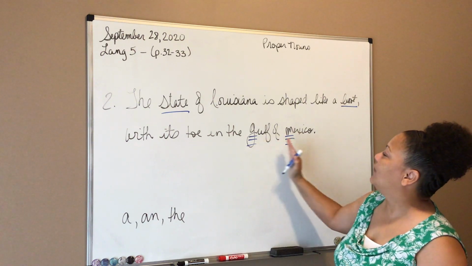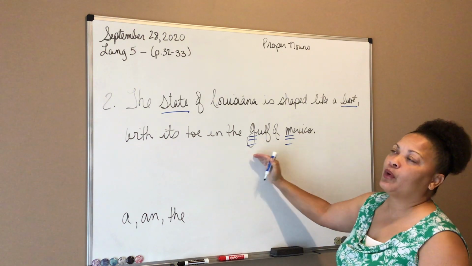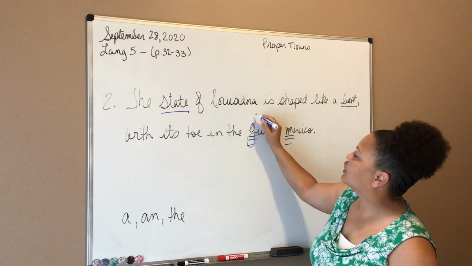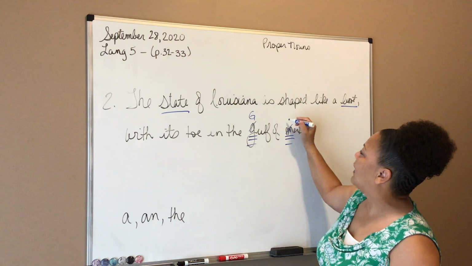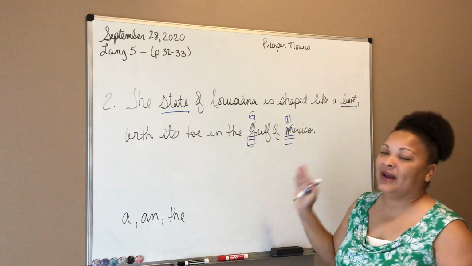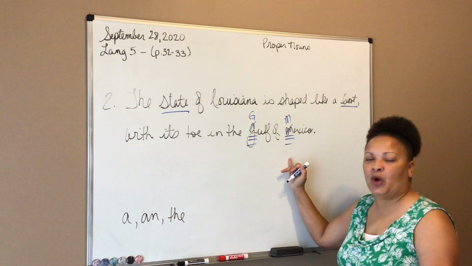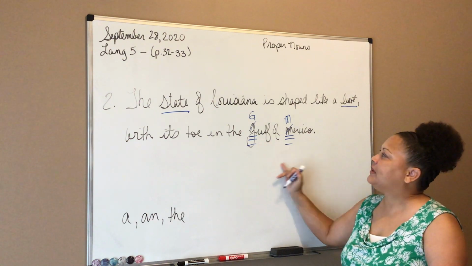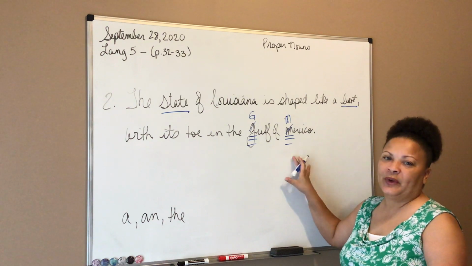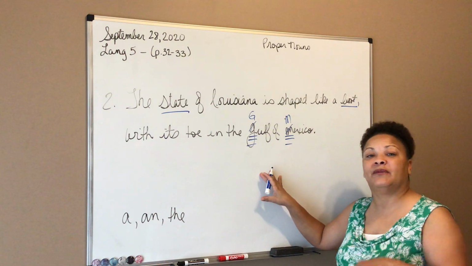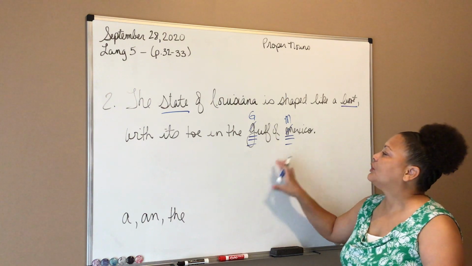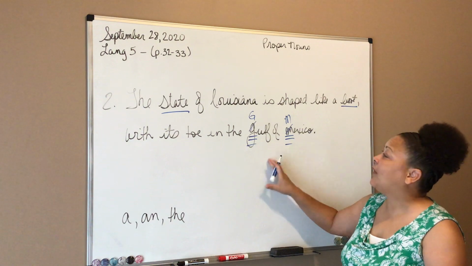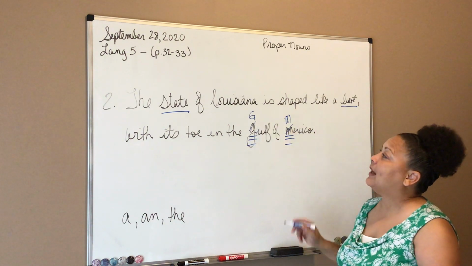But Gulf and Mexico are the proper title of which Gulf they're talking about. So it said to put a strike through and put a capital G, a strike through and put a capital M. However, if you use the proofreader's marks, I'm still okay with that. I know that if you've had fourth grade at PCA last year, you do know the proofreader's marks, and we did kind of touch it at the beginning of this school year. So if you do know how to properly utilize them, fine, go ahead and use them. But if you don't, it's fine. Follow the book, put a strike through, and capitalize it on top.